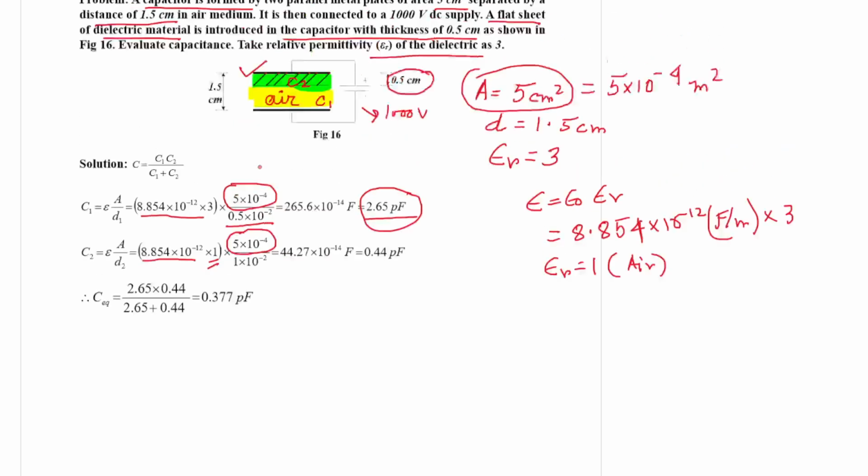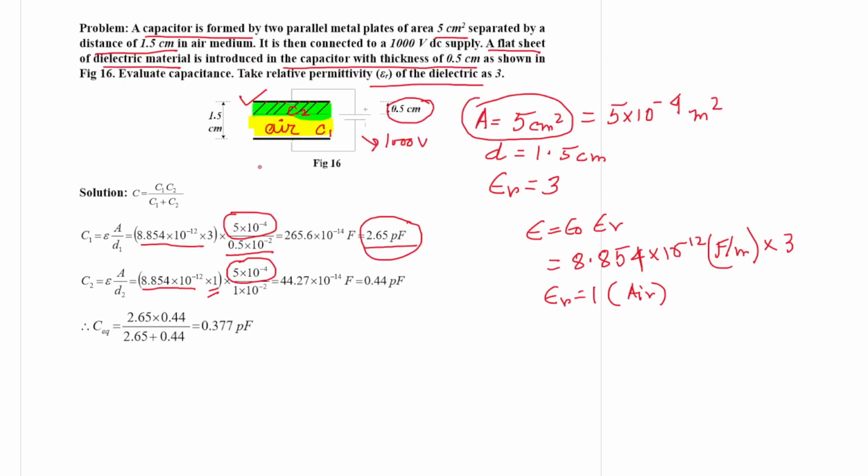However, the distance now becomes 1.5 minus 0.5, because due to the inclusion of this new material, the gap distance of air becomes only this much, which is 1 centimeter. So that is why it is written 1 into 10 to the power minus 2. Now if you solve, you will get a capacitance of 0.44 picofarad.